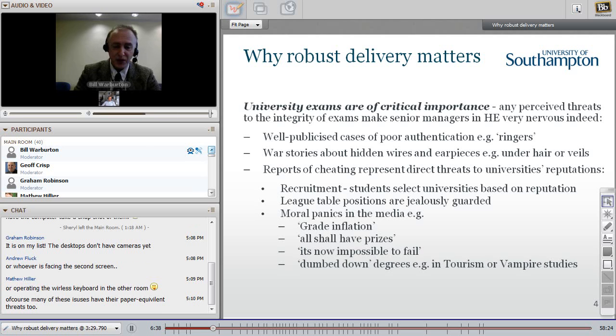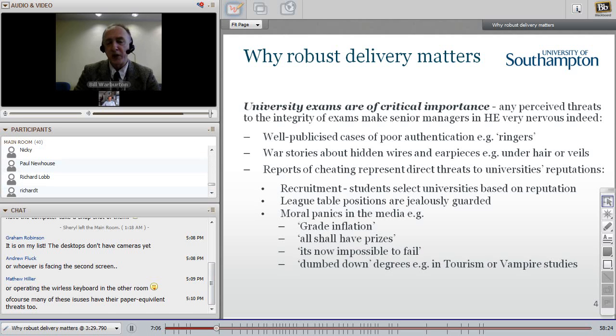These things, I think, are probably more honoured in the rumour than an actual hard fact. But it's a popular conception, and it's something which we struggle against, really. And again, current in the media, these ideas of dumbed down degrees, and people will quote you, oh, my neighbour's niece has got a degree in tourism, or she's studying vampire studies, or something.